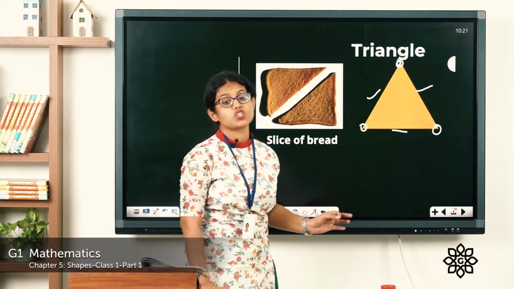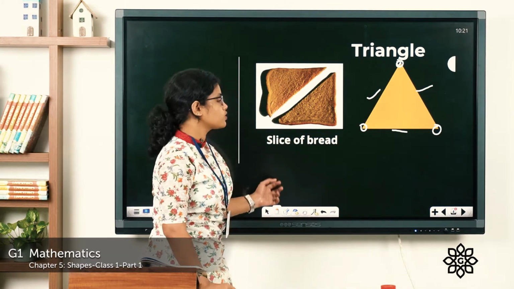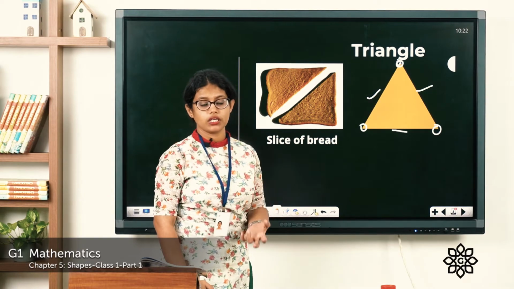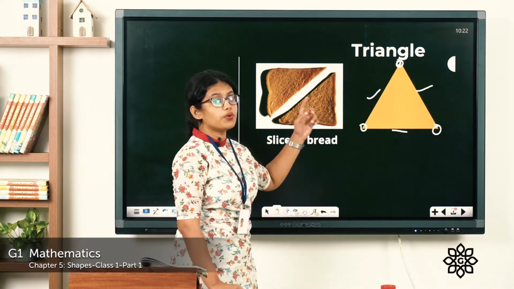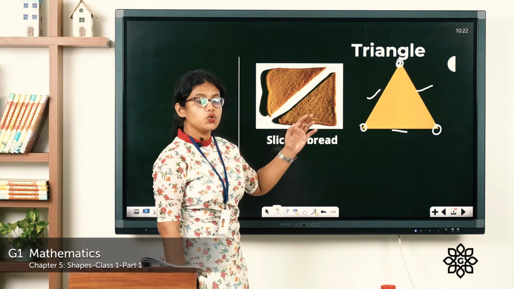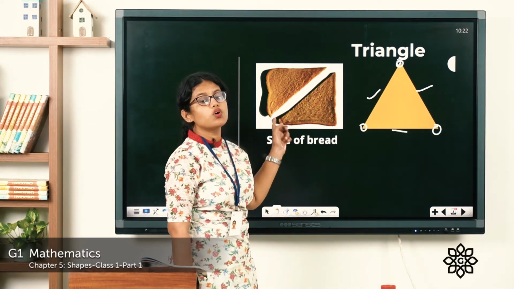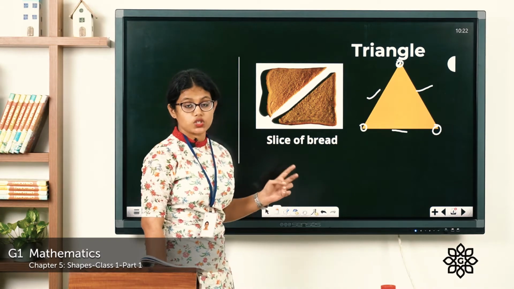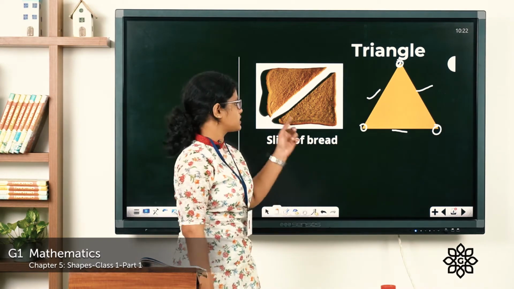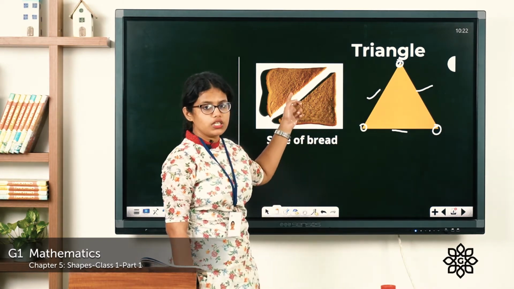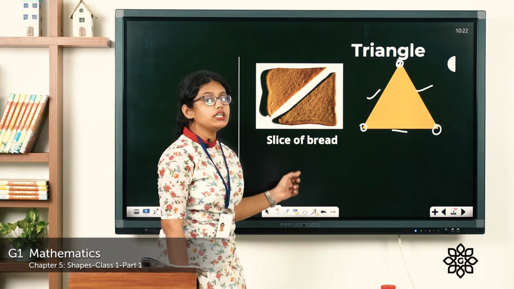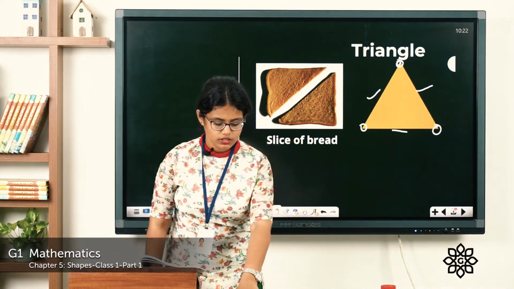That is the triangle. And what about an example that we can give? You can see a bread slice. When you cut that bread in half, you will get two triangles. A triangle has three sides, 1, 2, 3, and three corners.